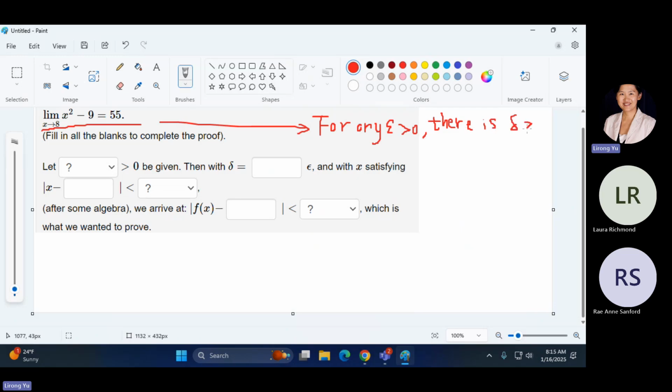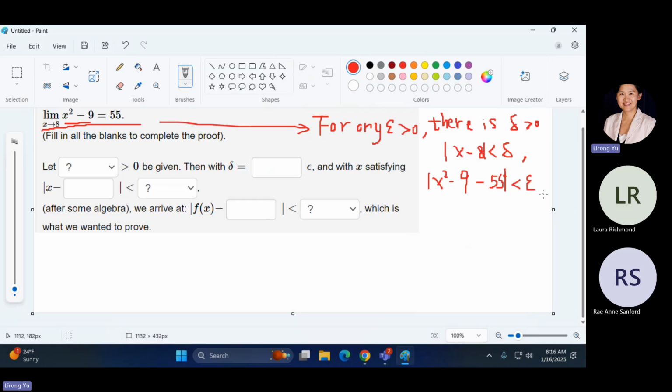A positive number delta, whenever x minus c, in this case it's not c, it's 8. Whenever x minus 8 is smaller than delta, we will be able to guarantee that x squared minus 9, which is on the left side of the equation, minus the 55, is less than epsilon.